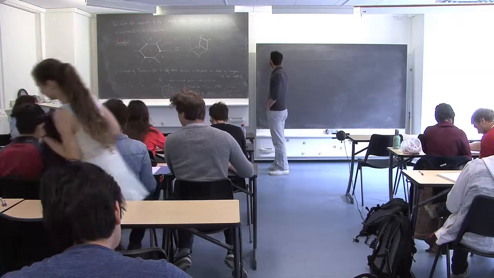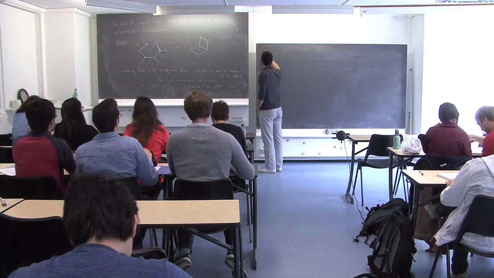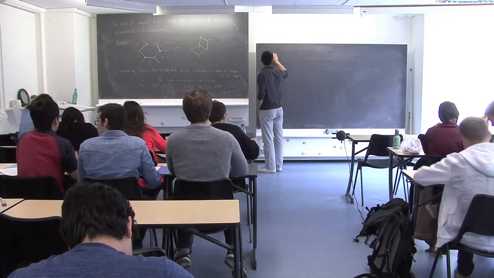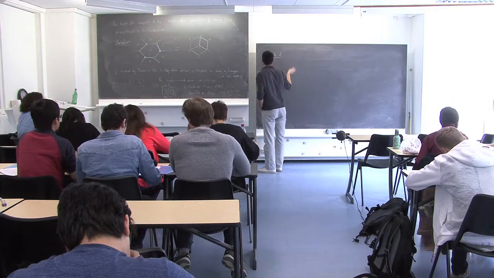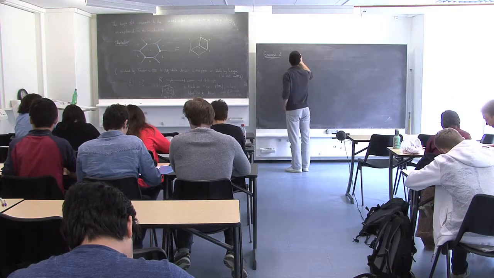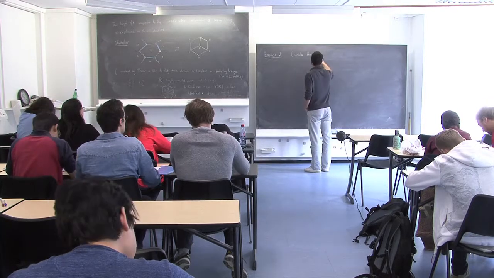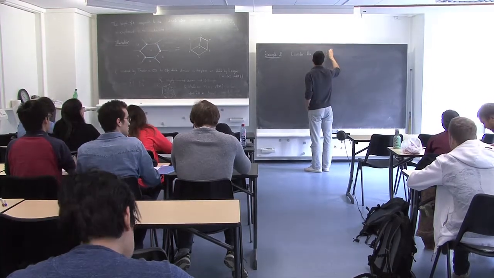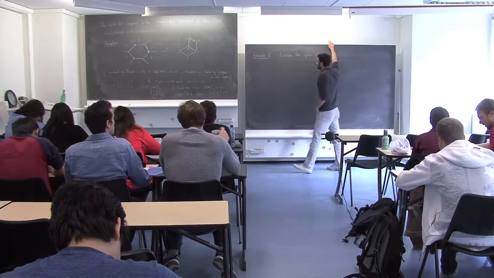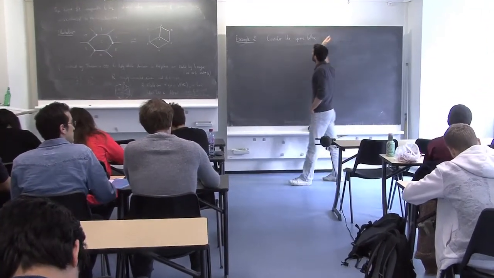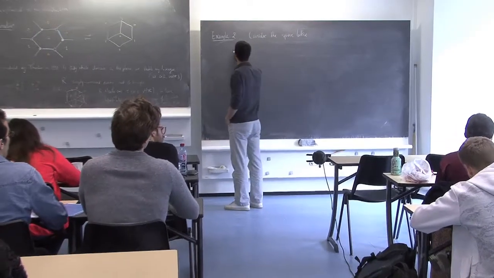Okay, so as promised, let me give you a second example. I will not give all the details here. So consider the square lattice. So it is bipartite and planar, so that's fine.